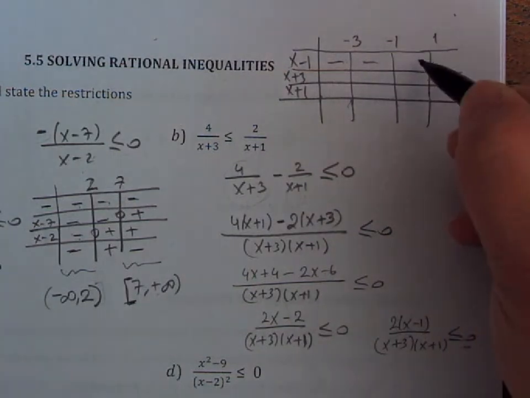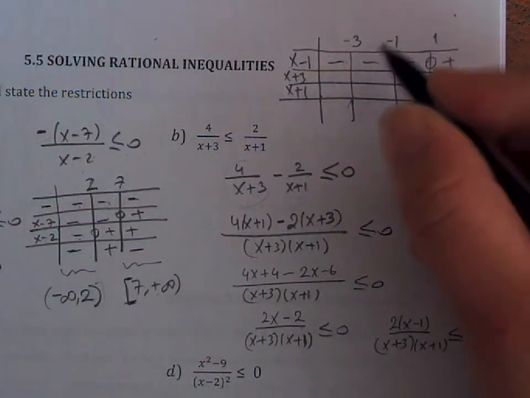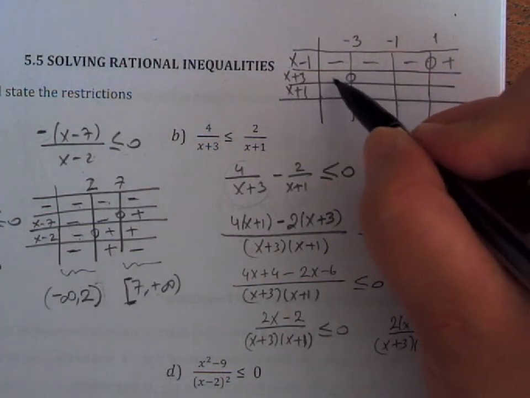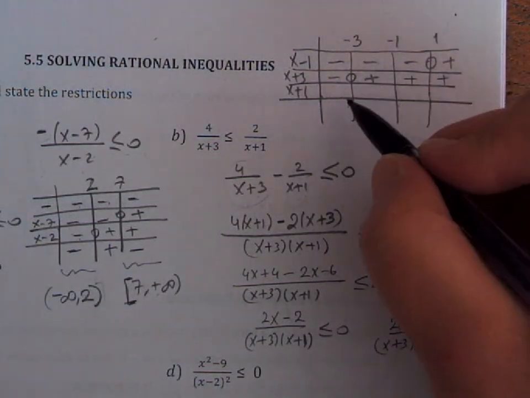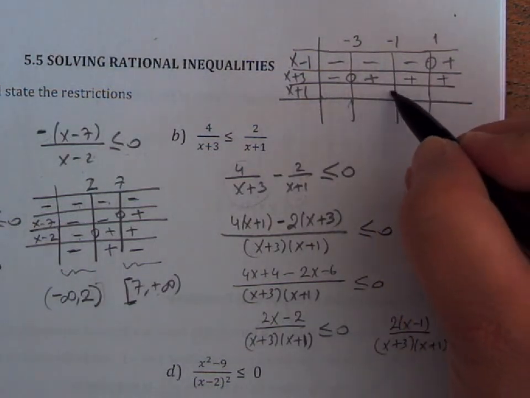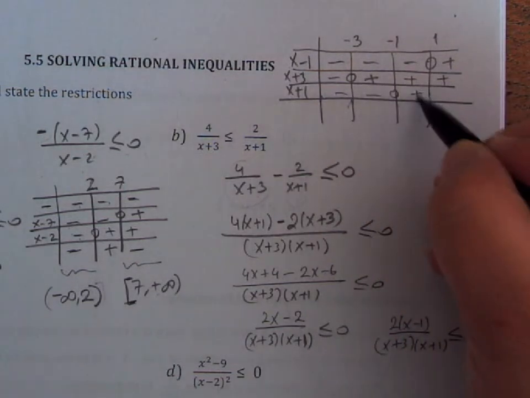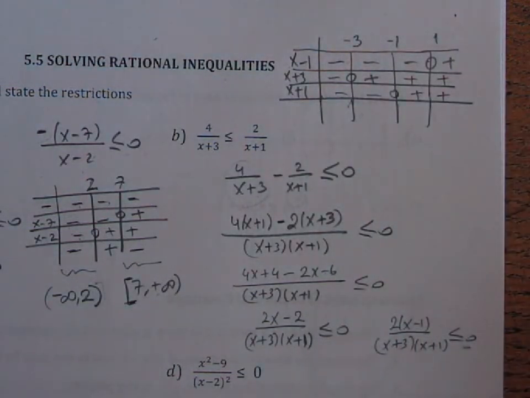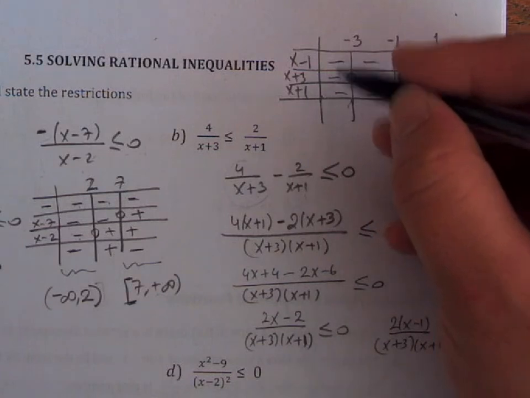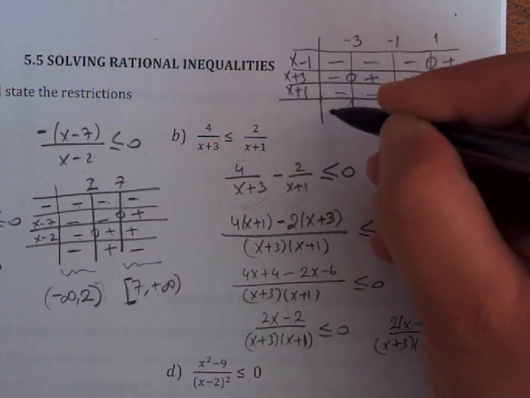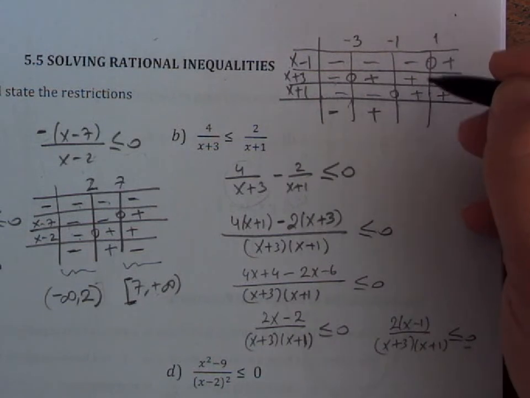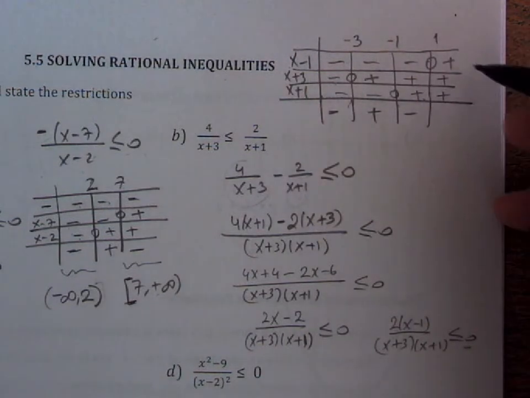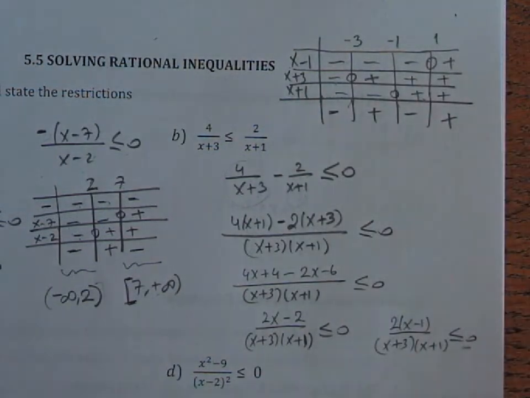So do the factor table. X plus 3 is 0 at negative 3, negative before, positive after. X plus 1 is 0 at negative 1, negative before, positive after. So now multiply those. So negative, negative, negative is negative; negative, negative, positive is positive; negative, positive, positive is negative; and all positive gives you positive.